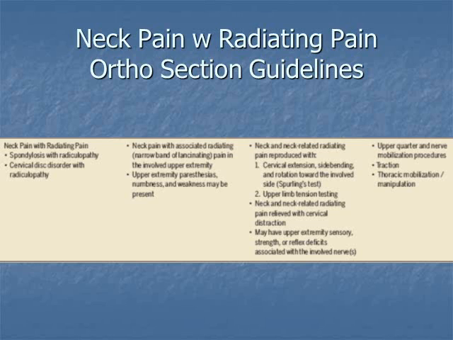Again, directly from the 2008 guidelines, their signs and symptoms might be neck pain with associated radiating pain, either that typical narrow band of lancinating pain or more diffuse symptoms. They may also present with paresthesias, numbness, and weakness.